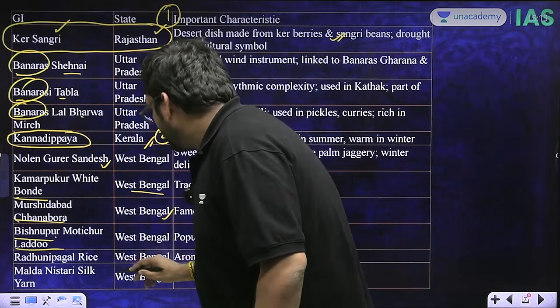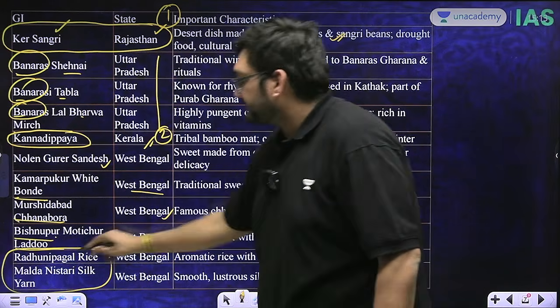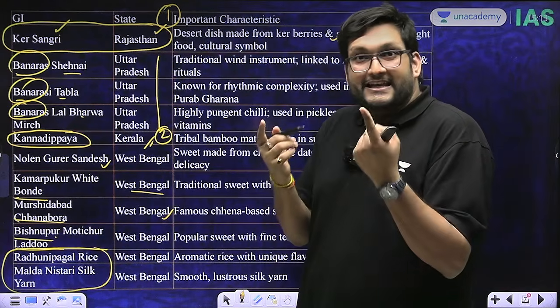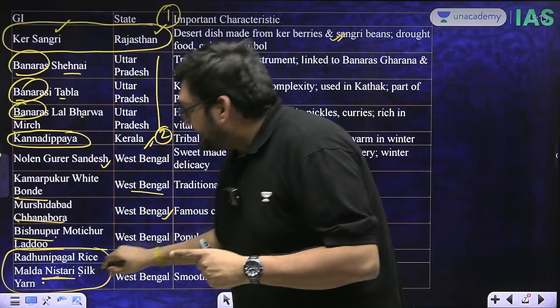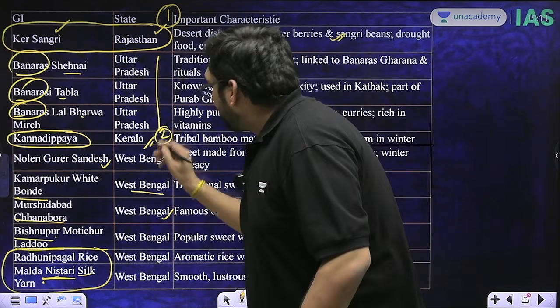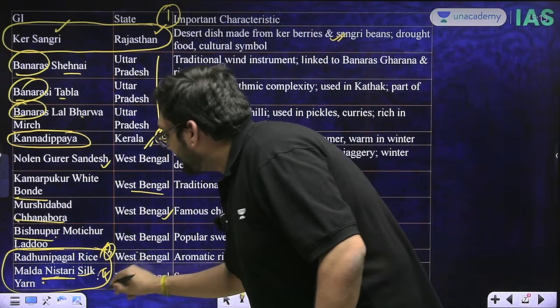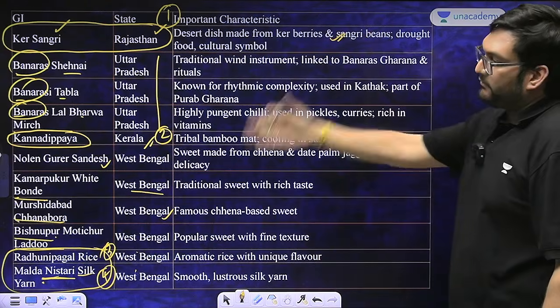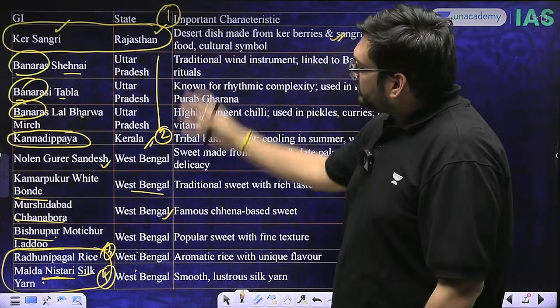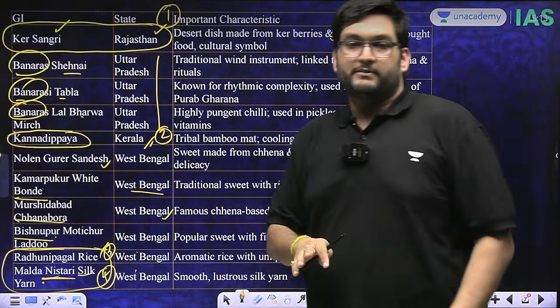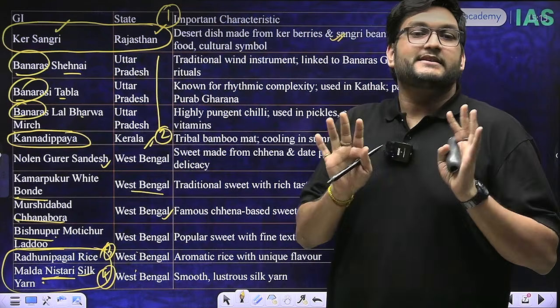Then you should basically learn these two, because of the name, again Malda easy, but they can ask Nistari silk yarn. These two become important because the name of the state is not there in the name of the GI itself, or the place itself is not very obvious. So out of this list, only 4 have to be remembered, and generally easy to remember.